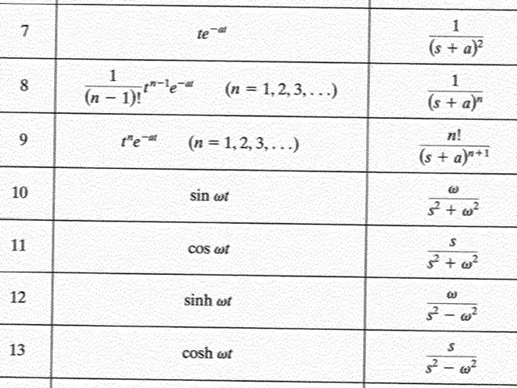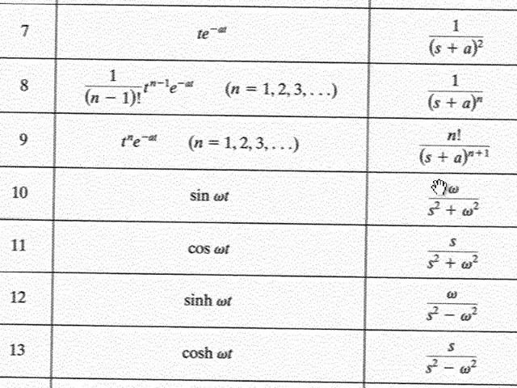When we try to match the denominator, we see that both lines 10 and 11 could match our function. However, neither one of these two rows matches our numerator. In our numerator, we have both an s and a constant.